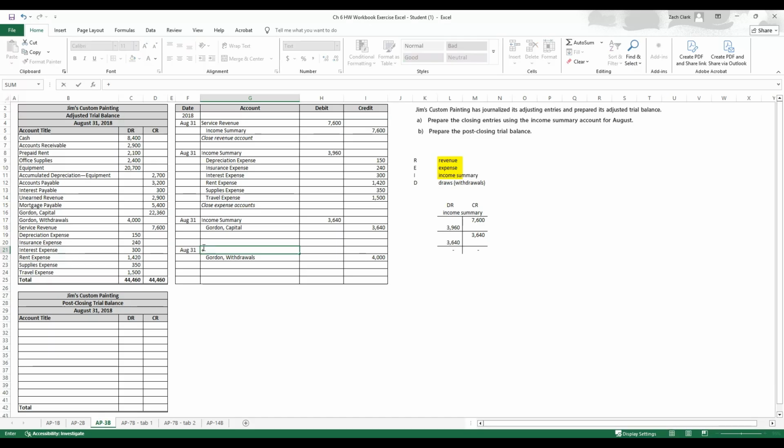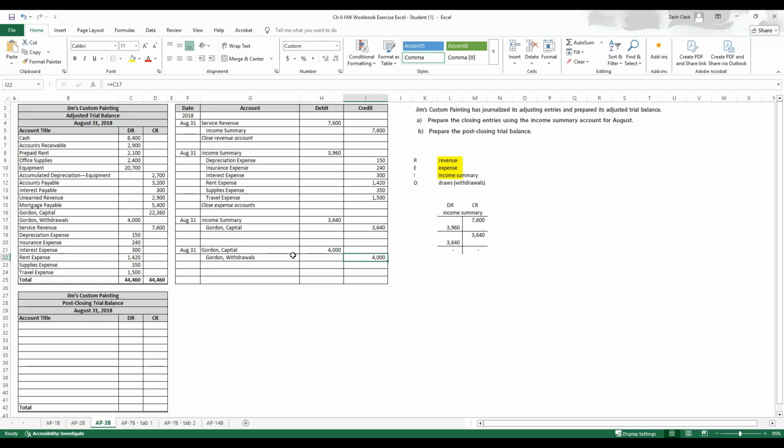And then capital. My spreadsheets are a little funky with that, so sometimes you have to click the little comma to put it in accounting format, and then you can link a little easier. I prefer to do that instead of retyping everything. And then you can see we're reducing capital for the draws, which hopefully makes sense at this point in the course.